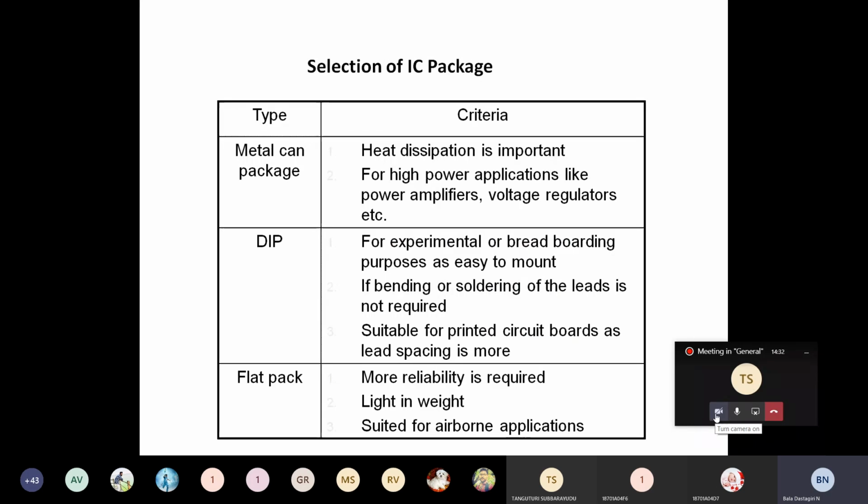Let us see what the selection criteria are, how you can pack the chip by using the three types of materials we have discussed. The first one is the metal can package.